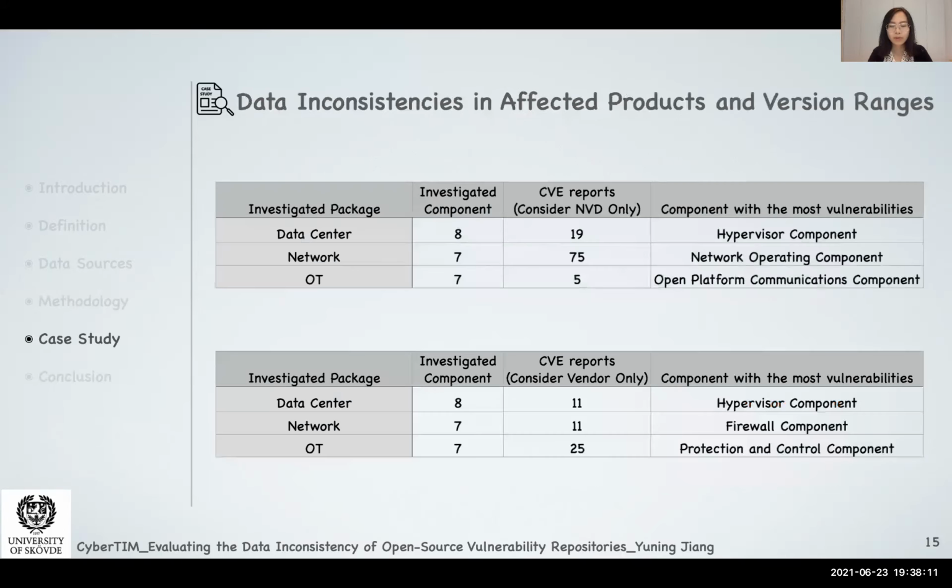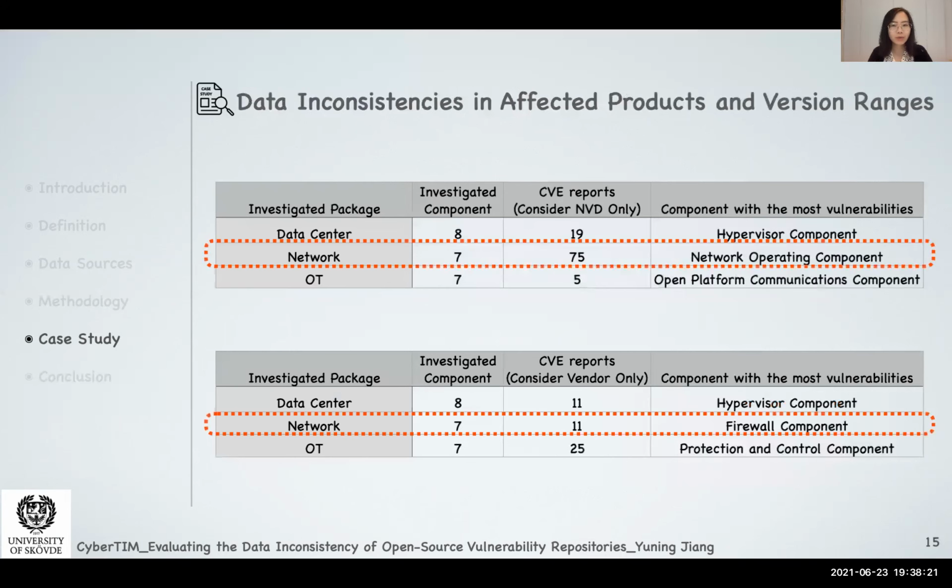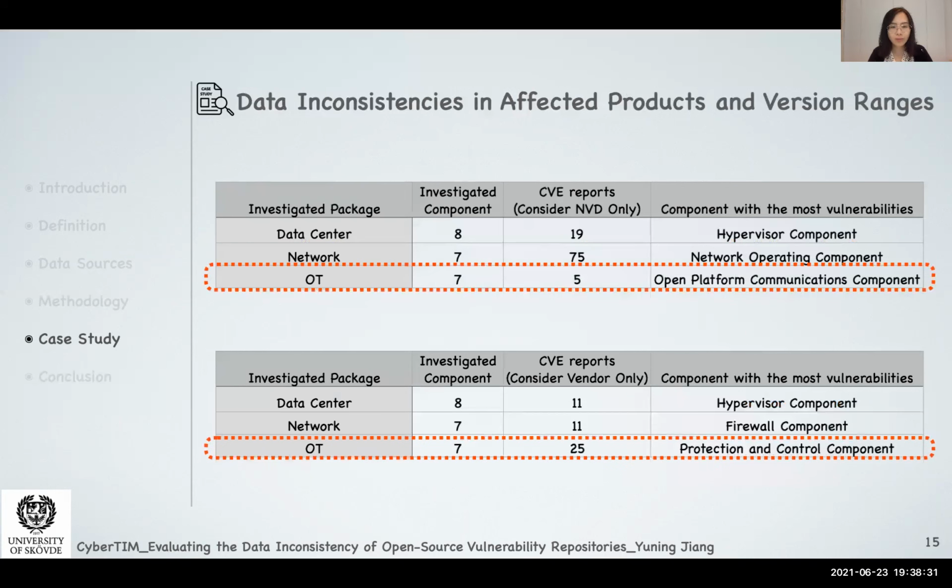Then we focus on cross-record data inconsistency analysis, especially between NVD and vendor advisories. The communication network system has the top data inconsistency rate among the 6 investigated subsystems, which is then followed by the OT system.